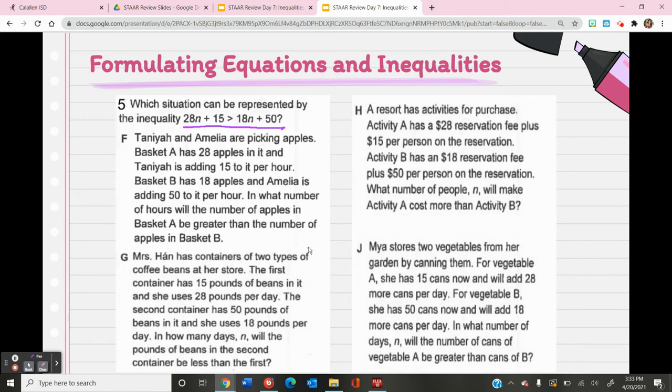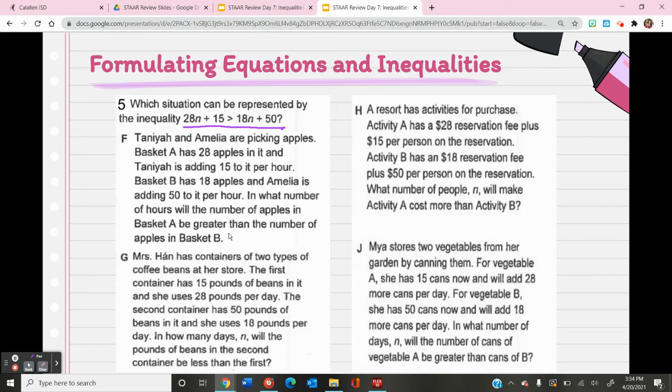So we're going to have to read each of our statements here and see which one of them matches this statement. So here, Tania and Amelia are picking apples. Basket A has 28 apples in it, and Tanya is adding 15 to it per hour. Basket B has 18 apples, and Amelia is adding 50 to it per hour. In what number of baskets will the number of apples in basket A be greater than the number of apples in basket B?